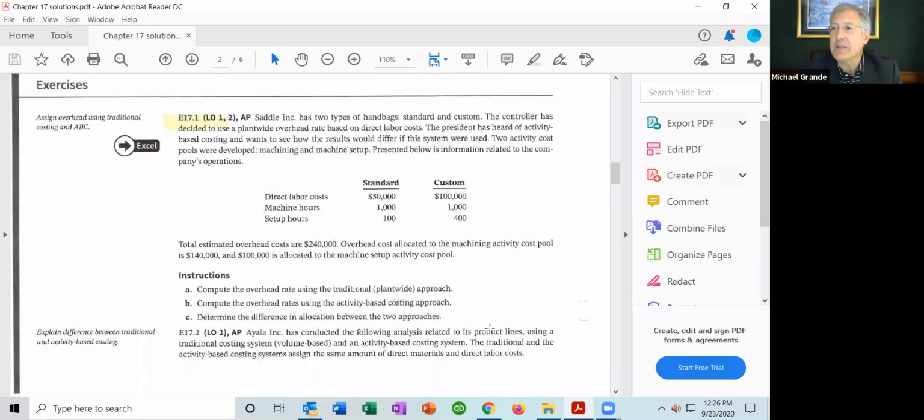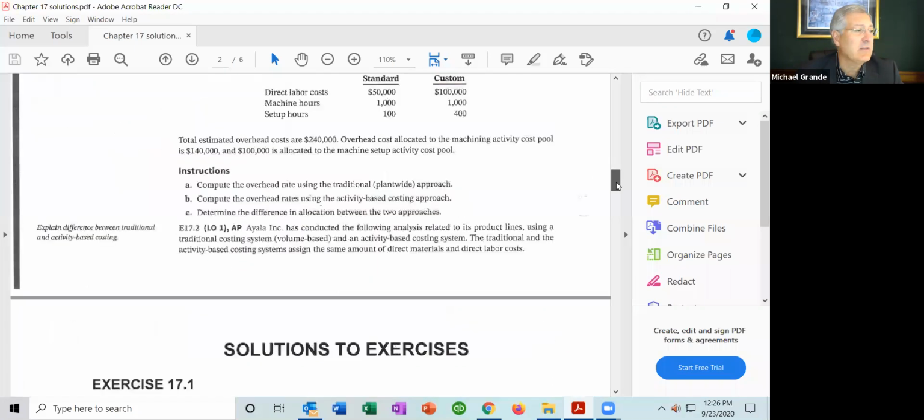They're not ultimately asking for a cost per unit. They're asking for the difference in allocation between the 2 approaches. What is the difference between the 2 approaches of how overhead is allocated? So A, they're simply asking you to calculate the single predetermined overhead rate. B, they're asking you to calculate the overhead rates using activity-based costing.